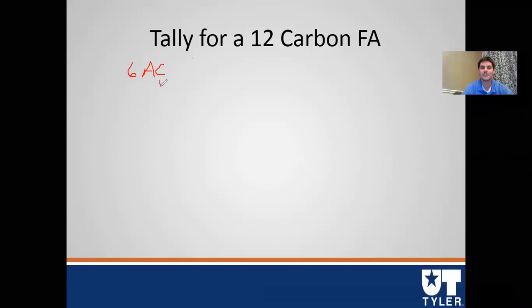We know that these acetyl-CoA essentially enter the TCA cycle. The TCA cycle is going to give us 3 NADH, and 1 FADH2 and 1 ATP.